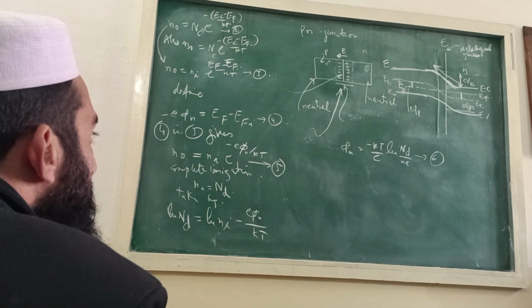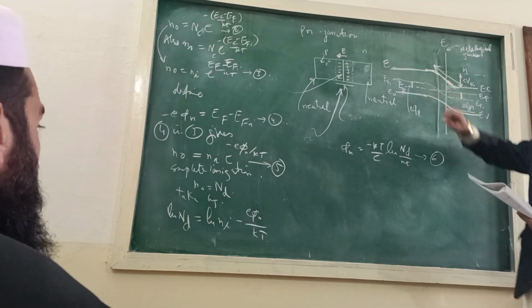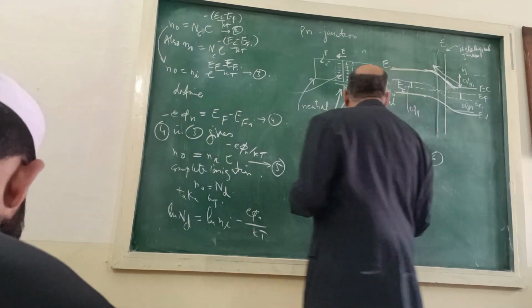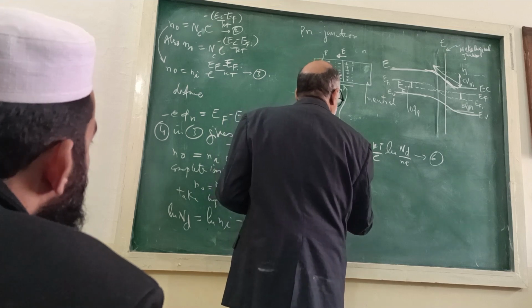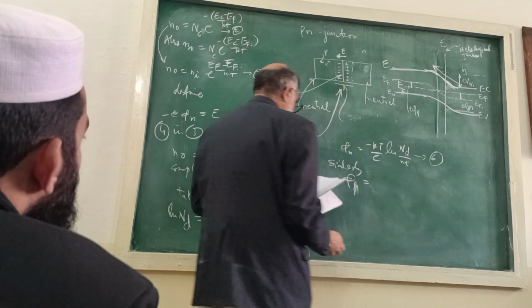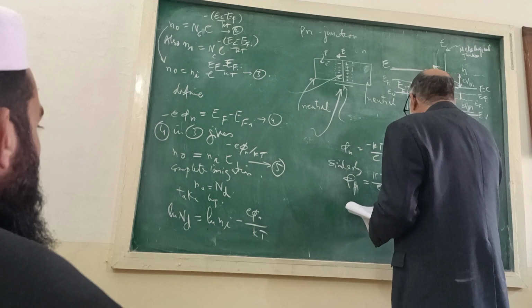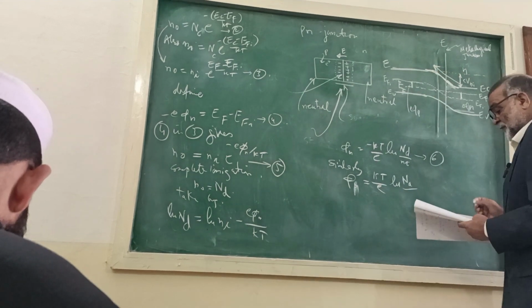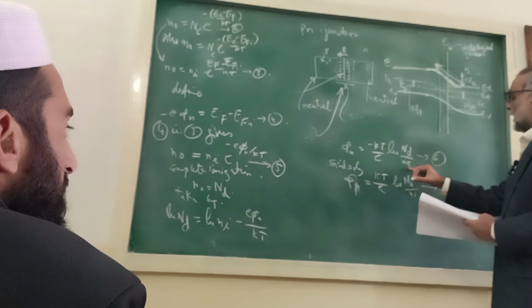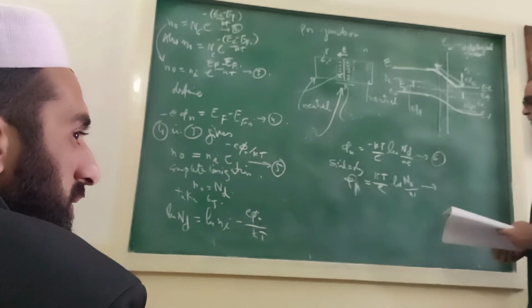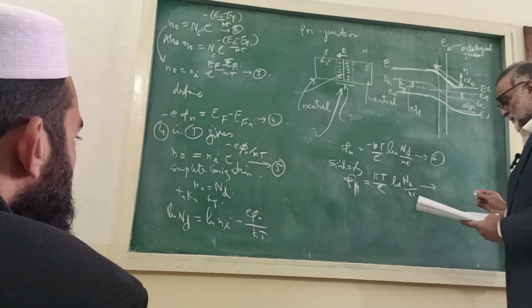Similarly, we want to find this other potential. With a similar procedure, we find phi p equal to kT by E log of, instead of ND, NA over NI. So the only change is NA and ND, and here the minus sign is different.